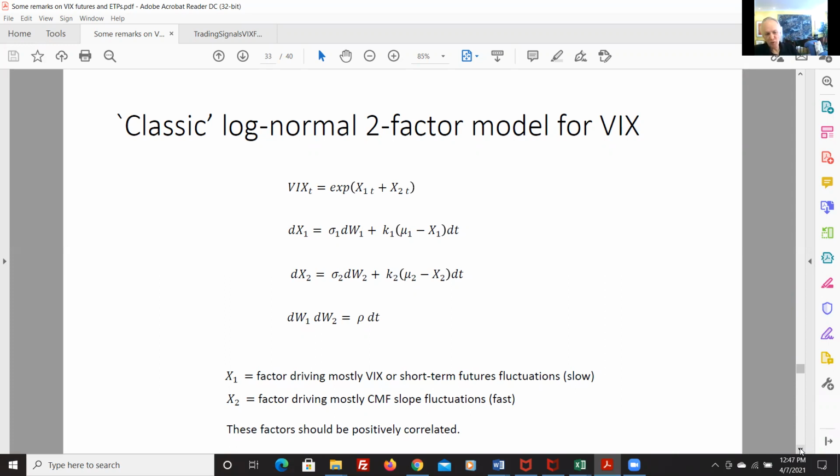The log normal two-factor model is kind of the easiest model. You assume that VIX is driven by two Gaussian processes, two mean reverting processes. We know VIX is kind of mean reverting, as I mentioned. So we could try to fit VIX to the parameters of, say, Ornstein-Uhlenbeck processes, but we also know that this is a derivatives model, so we have to fit not only the VIX but also the VIX futures.